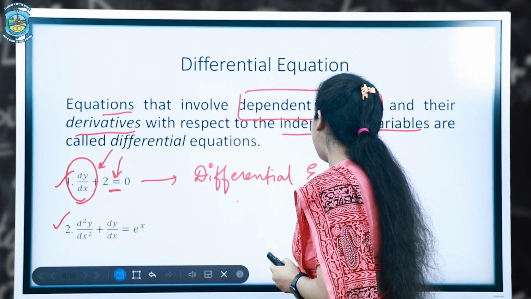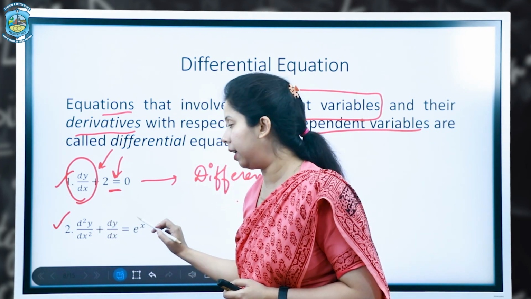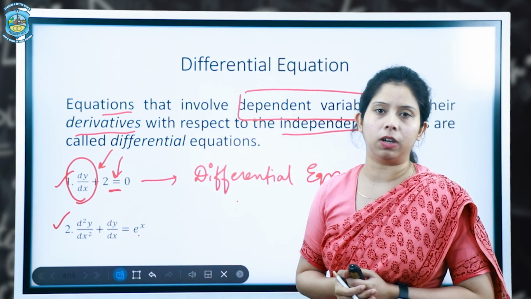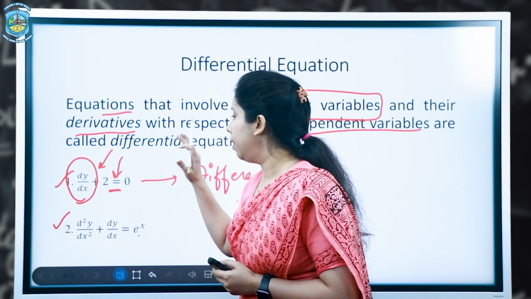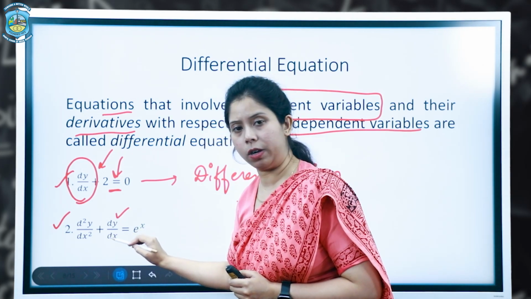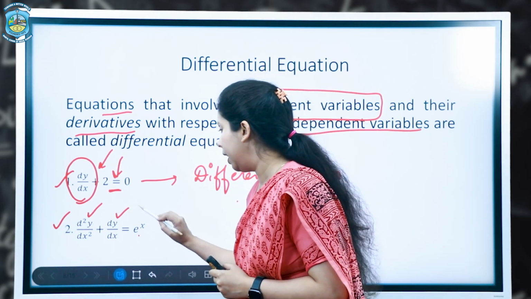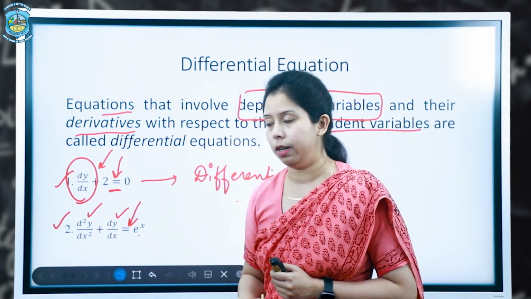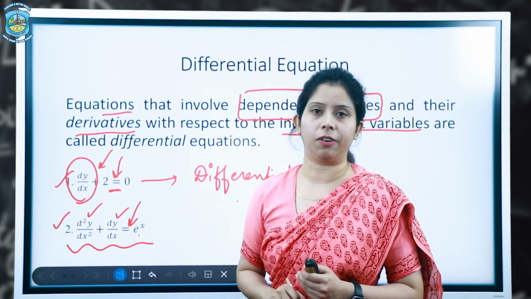We have another example. d2y by dx square plus dy by dx is equal to e raised to the power x. This is another example of a differential equation. Why? Because this equation involves derivatives. This is the first order derivative, as well as it consists of the second order derivative. It has a sign of equality. So this mathematical expression can be called a differential equation.